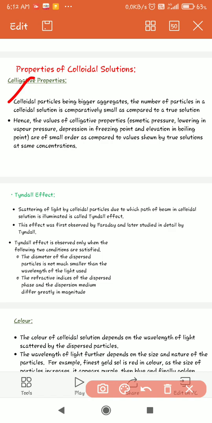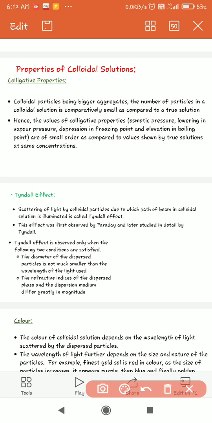When smaller particles combine, they become bigger particles. So the number of colloidal particles is much smaller compared to true solutions. Let us see that.